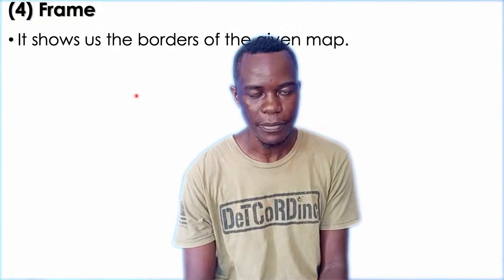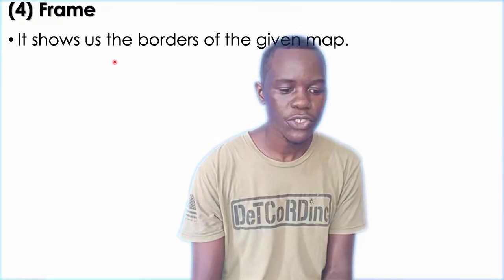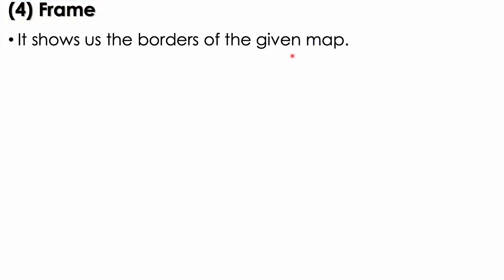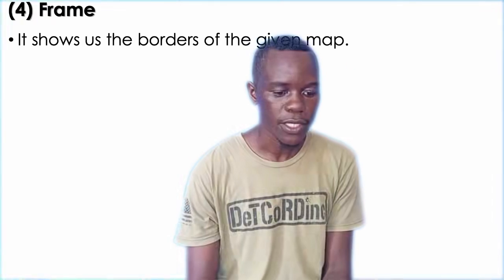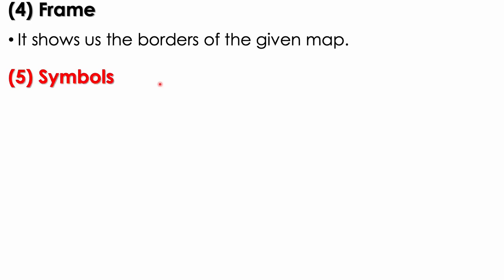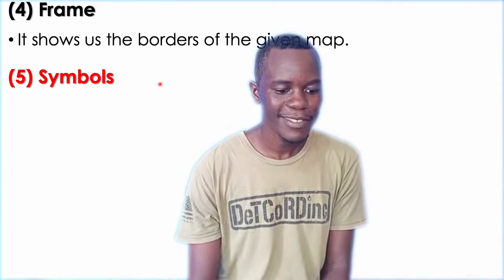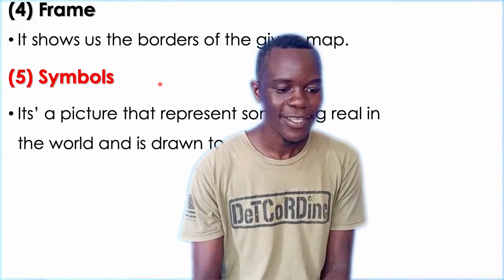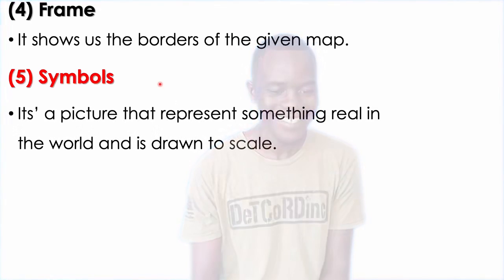Let's proceed by looking at the other component of the map, and this is the frame. The frame shows us the borders of the given map. The other component is the symbols.